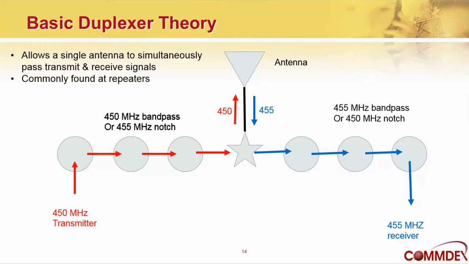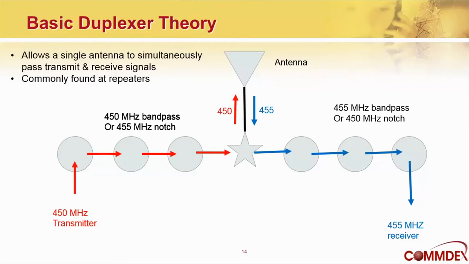At the star in the middle, the signal can go two different ways. It can go out the antenna, or it can look towards the other cavities, which are tuned to 455. At 450, they look like a high impedance, so it doesn't want to go that way. So the transmit signal, just like anything, follows the path of least resistance and will go up the antenna.